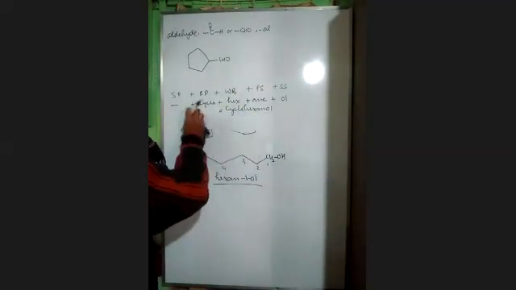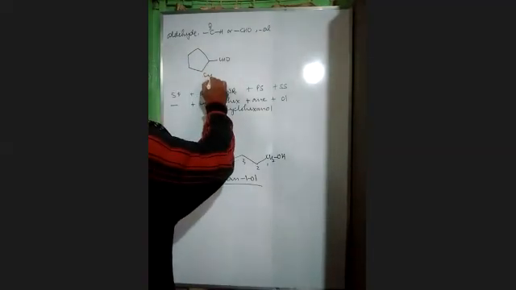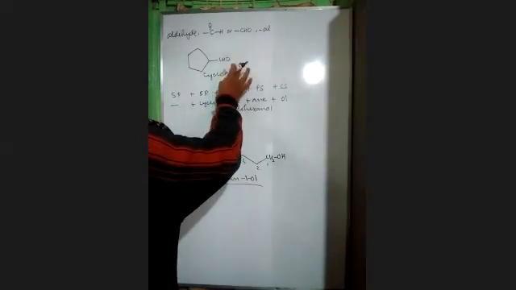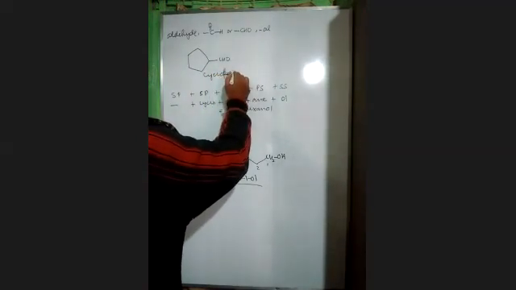So now, you told me this is cyclopenta. Actually, you forgot to put the number. By mistake also, whenever you write something, our name becomes correct.